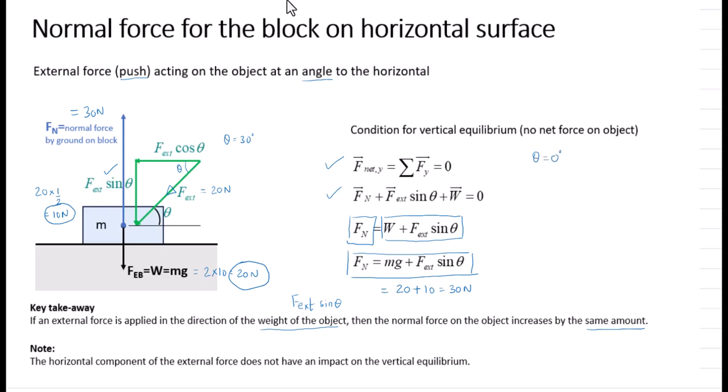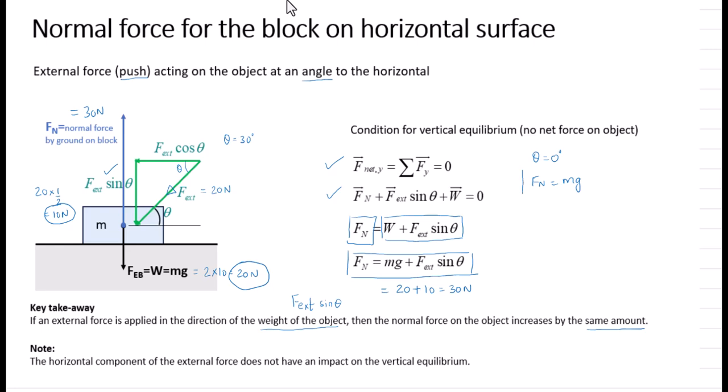If you're applying any push at 0 degree, or for that matter, pull also at 0 degree, so let's say you're applying a push at an angle of theta degrees, sine 0 will be 0, and therefore Fn will be equal to mg. The same observation will be there for a pull also.